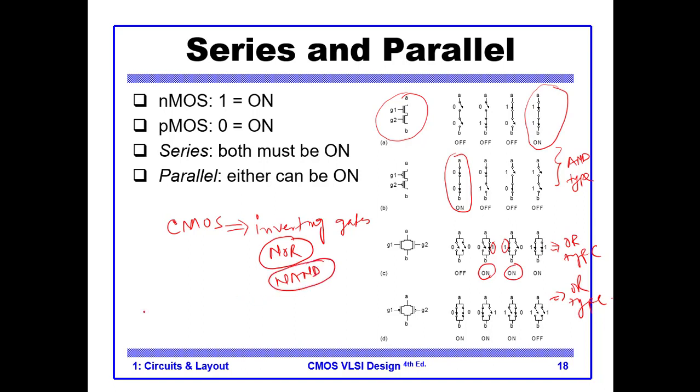Okay, so for example, if I want you to build an OR gate, how will I build it? I will first build a NOR gate, which we discussed in our previous slide, and then I will build a NOT gate and connect it in front of it, so this will become an OR gate.